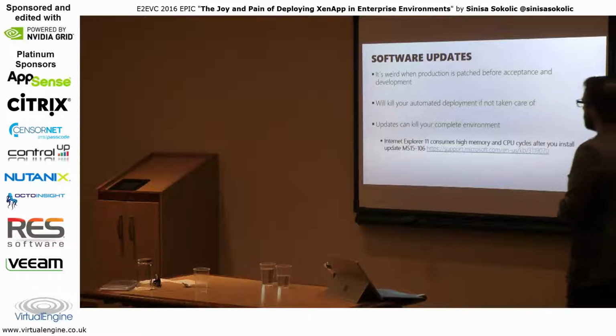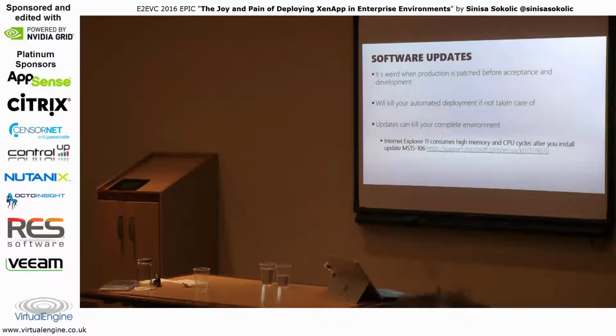One of my customers had a task sequence with System Center in place, and it took about 14 hours to deploy a complete EDA with 60 applications, because they had scripts after every component that were checking and rebooting the server if there were updates in place. So it's really going crazy.